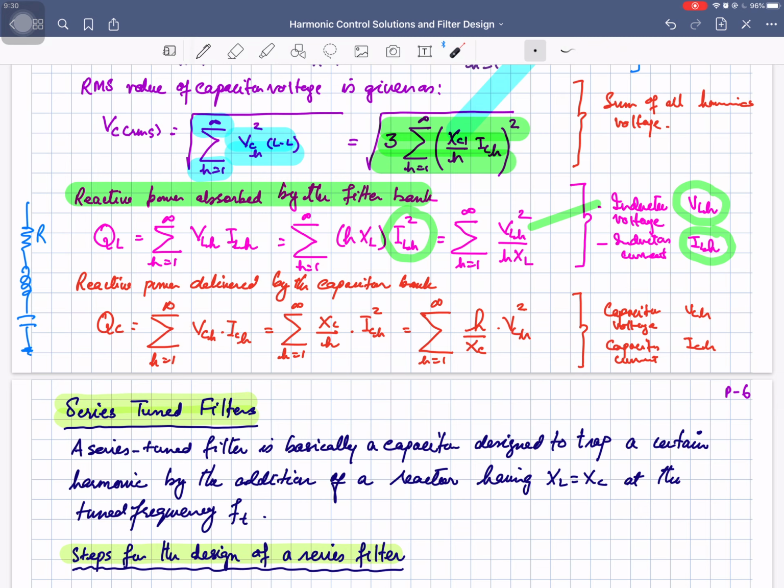Summation of all of these will give us the net reactive power. We can write this expression in three different forms as shown over here: Xc over H into Ich square, or H over Xc into Vch square, where Vch is the capacitor harmonic voltage and Ich is the current through the capacitor of a particular harmonic.